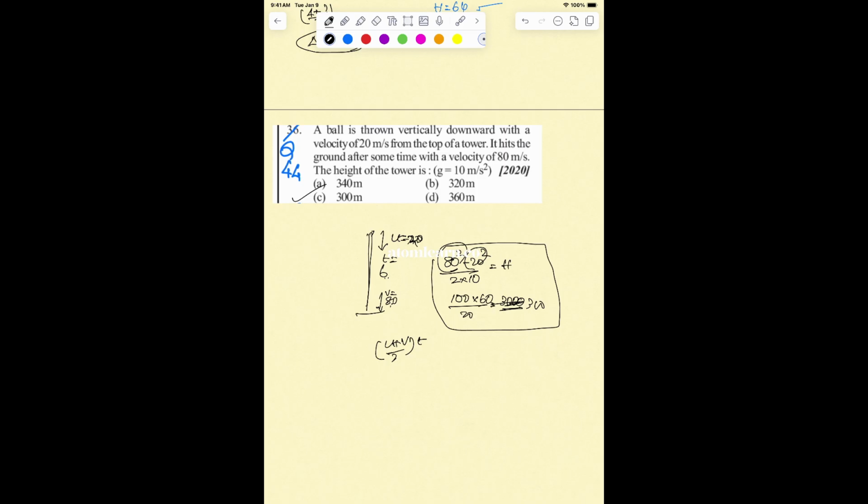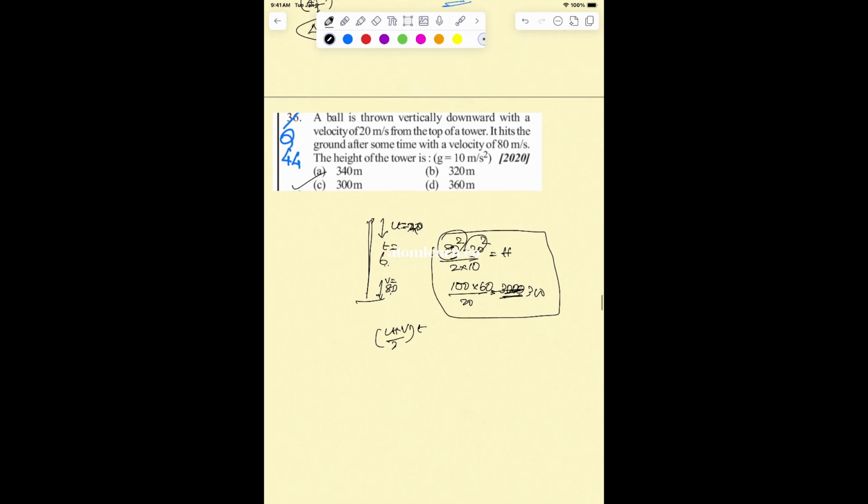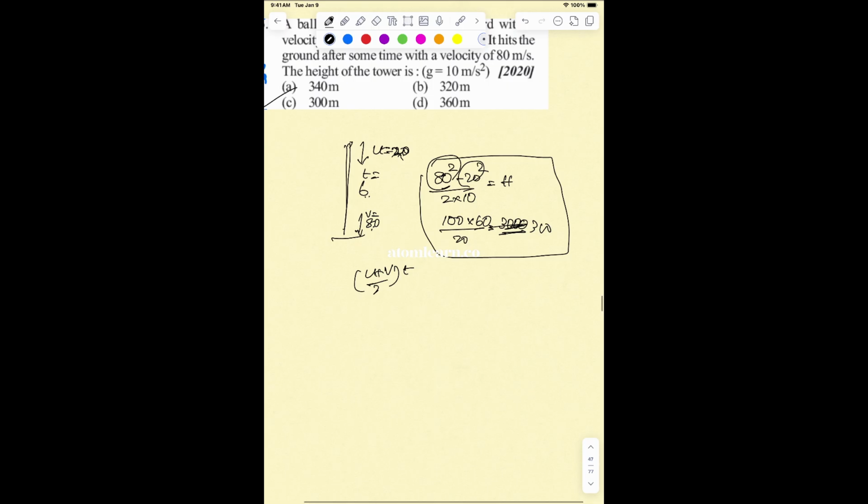Now, by the way, there's one more way of thinking I want you to understand. Take this equation, S equal to ut plus half at squared.